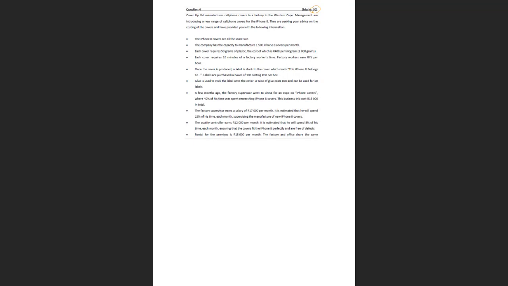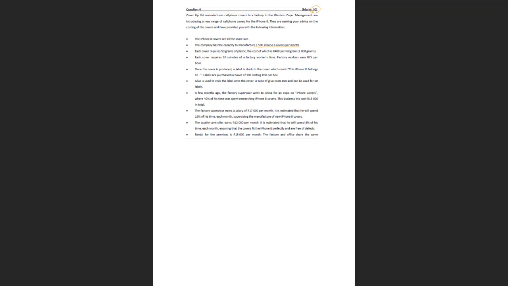So in the first point, they said to you, all of the iPhone covers are exactly the same. And then in the second point, they said to you that production is 1,500 units per month. So please make note of that. Then the next one says each cover requires 50 grams of plastic, the cost of which is 400 rand per kg.